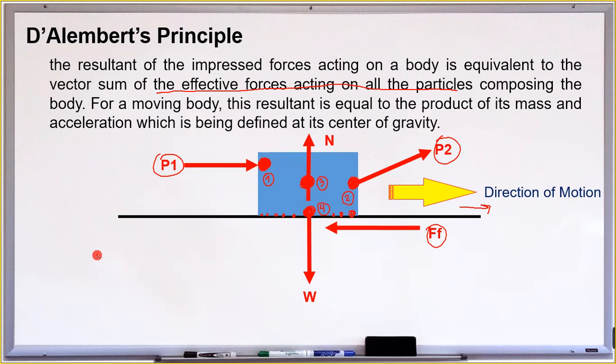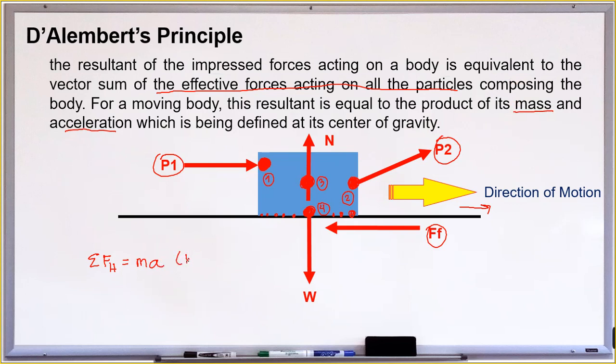So summation forces horizontal by the D'Alembert's principle, tanang mga forces nga i-sum up that is equivalent to the mass of the object times iyahang acceleration. So that is mass times acceleration.